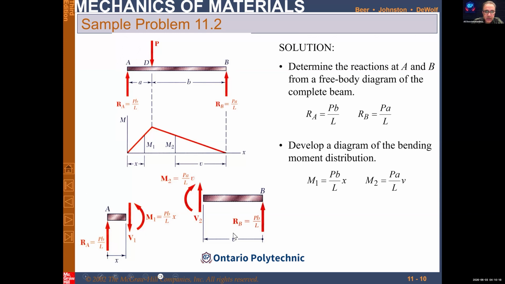And again, rather than x here, we have small v at a different distance from B. So from 0 to the maximum BD or small b, we can calculate m. These two equations are the maximum m1 and m2 because this is the maximum distance, B for this one, A for the other one.